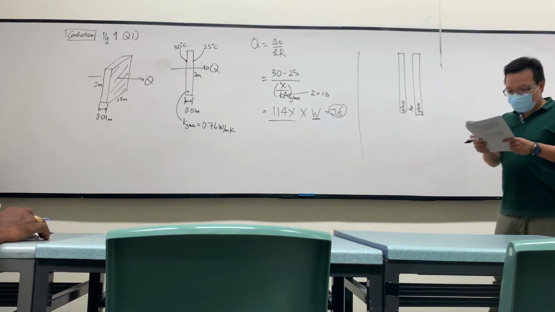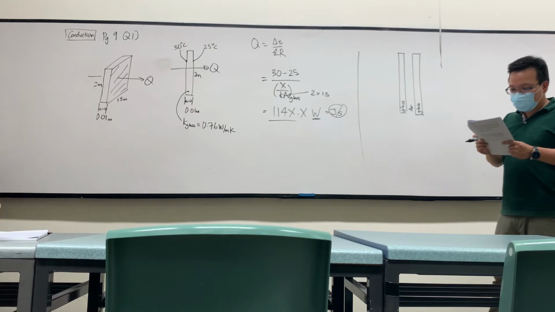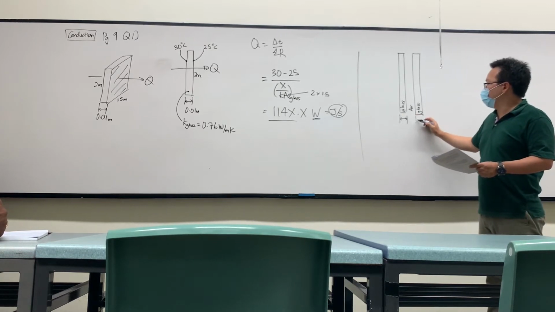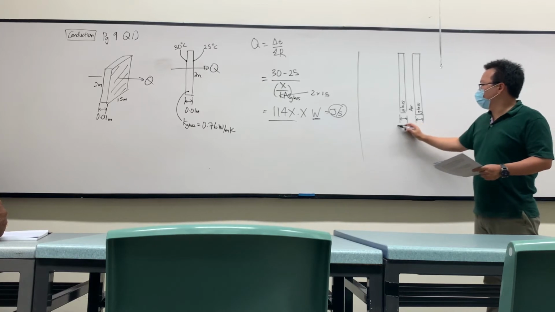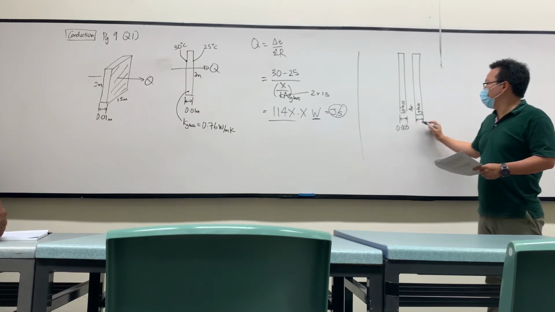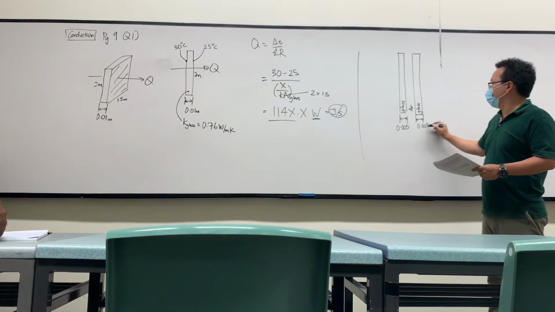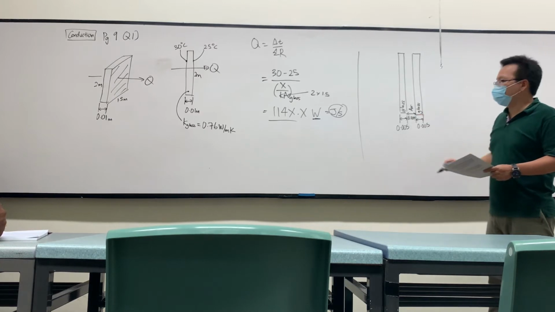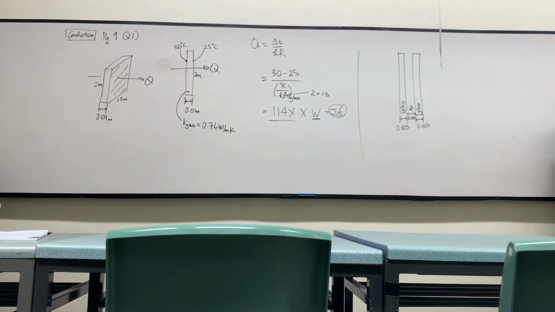What is the thickness? 5, so 0.005. And the air is how much? 0.004. Understand?